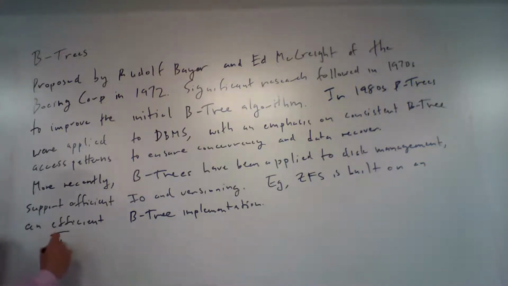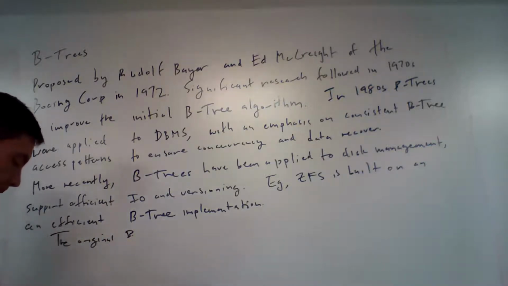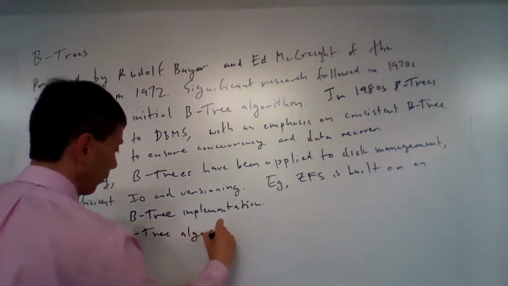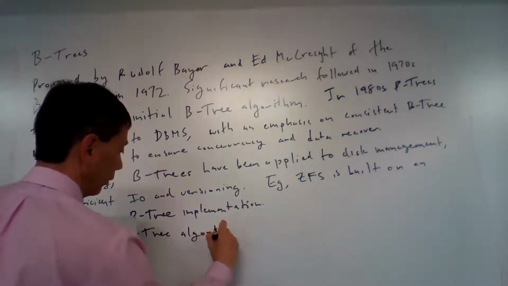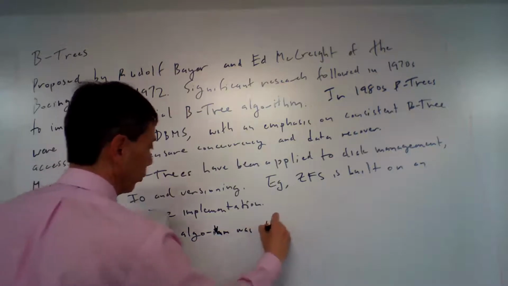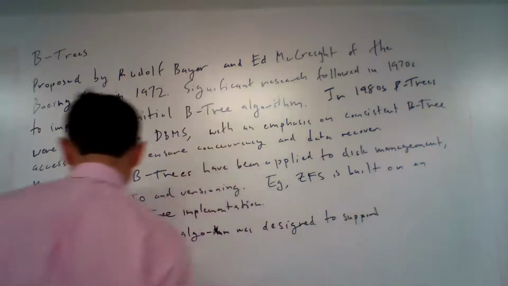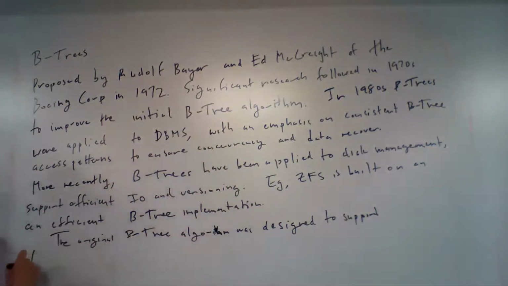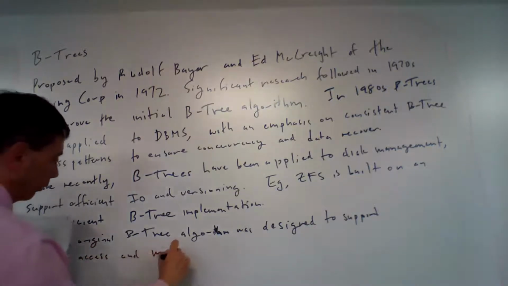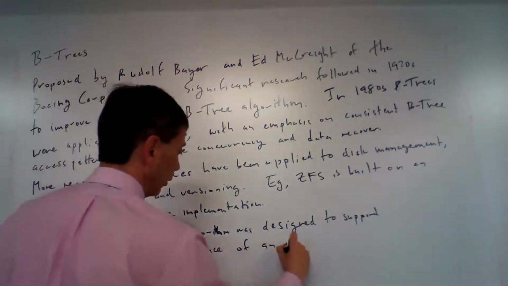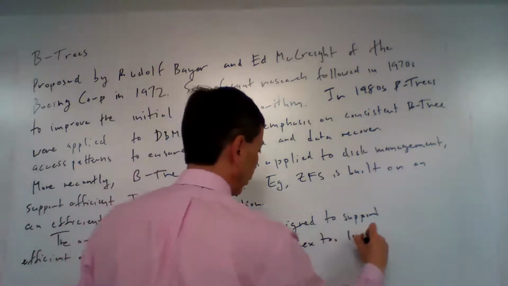So the original B-tree algorithm was designed to support efficient access and maintenance of an index too large to fit in main memory.